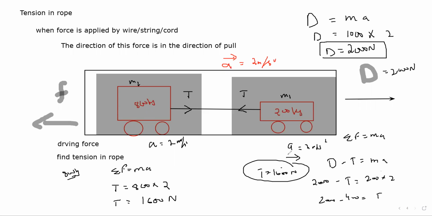And I told you, I will get the same answer, but the only difference is the direction, because the direction of the tension for 200 kilogram is backward, and the direction of the tension for 800 kilogram is forward. Is it clear?